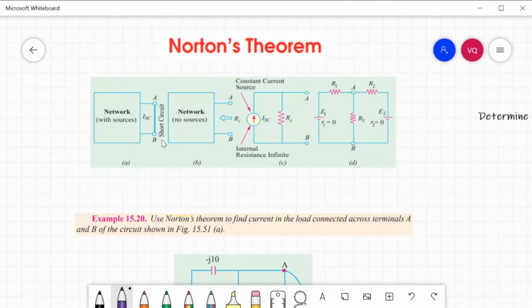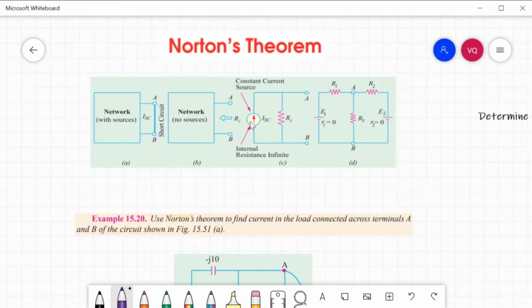After replacing it with a short circuit, you need to solve for the ISC, or what we call IN, the Norton's current. After solving the ISC, now you will solve the RN, or the Norton's resistance or Norton's impedance.